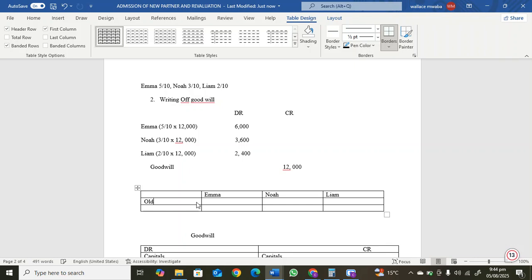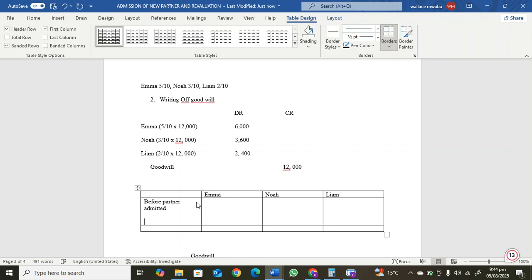Let me just put the table for everyone to see. But colleagues, remember this table, you don't need to put it in your calculations. So before the partner is admitted, goodwill is 12,000.